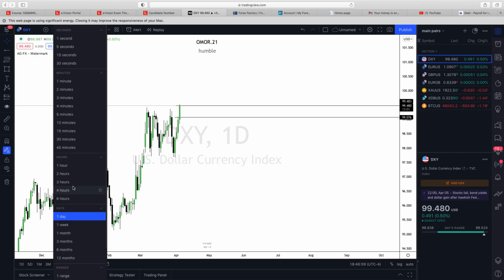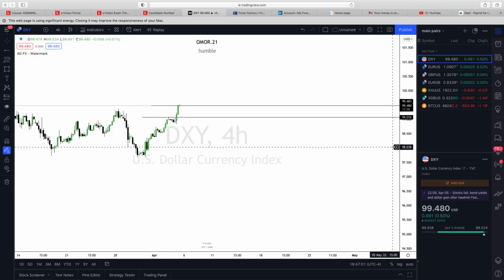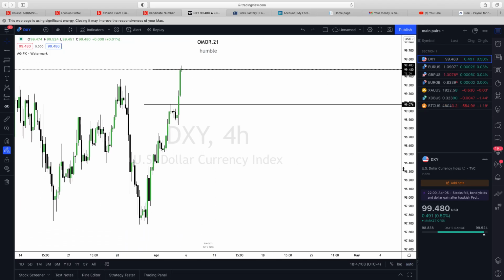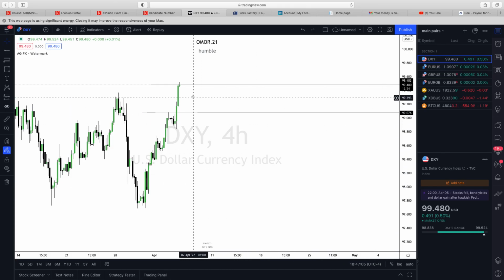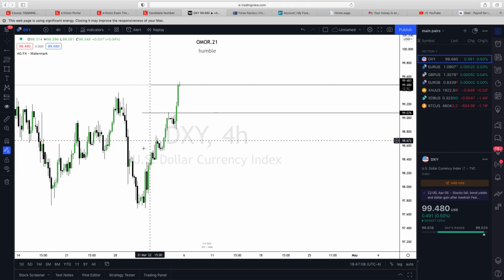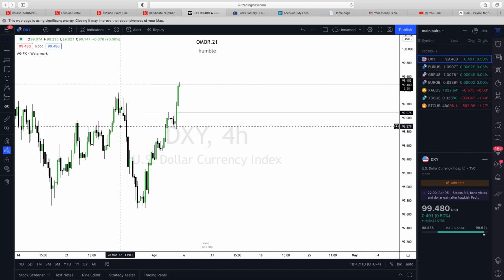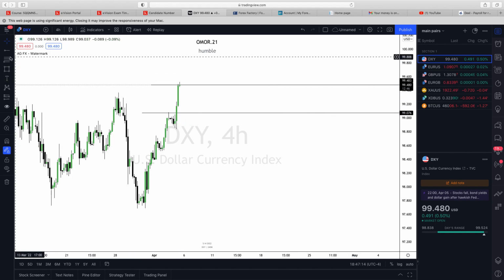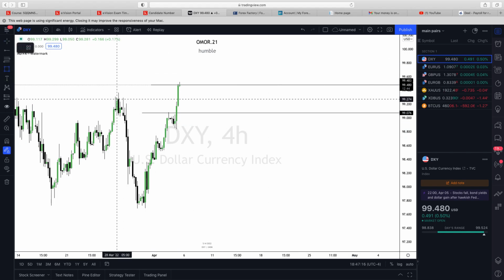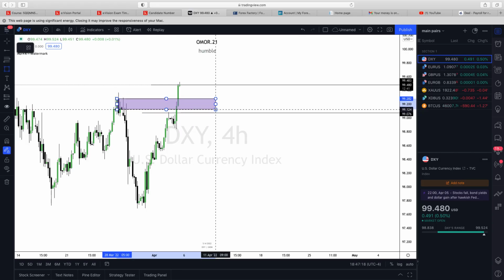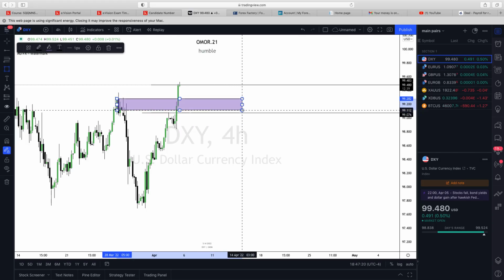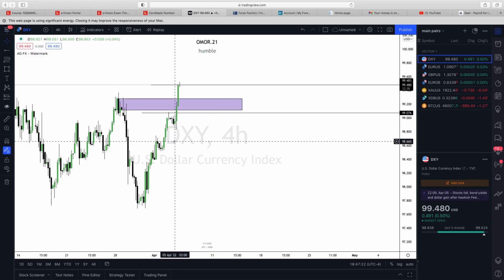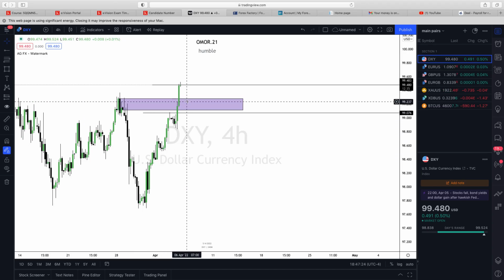within this imbalance. Now, if you go to a 4 hour, again, you can see there is only one-sided trading, right? Again, if I bring out this candle, this is your bullish breaker in line with the imbalance.